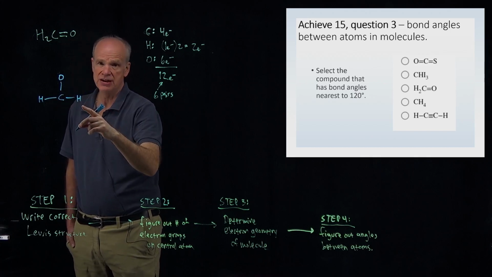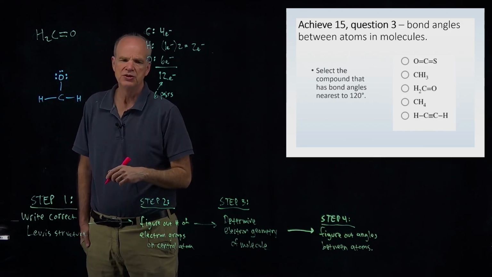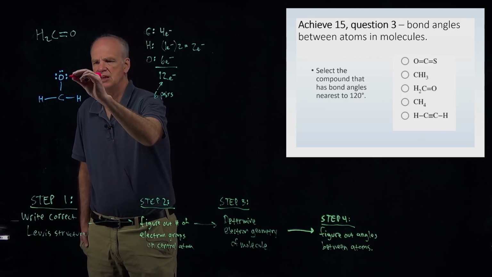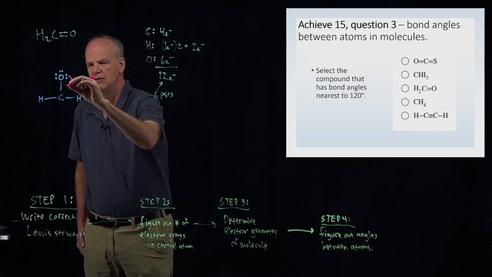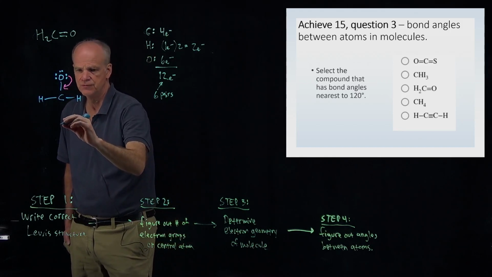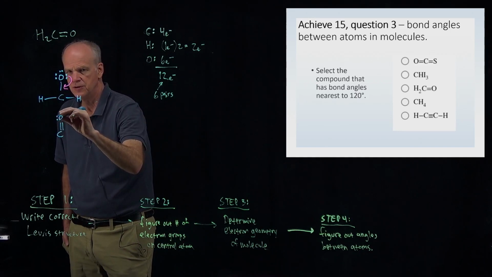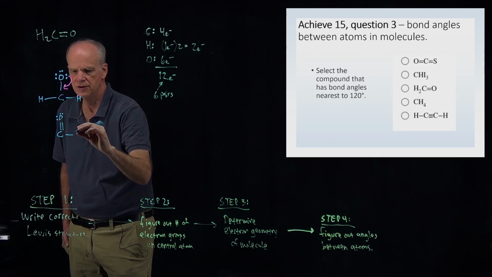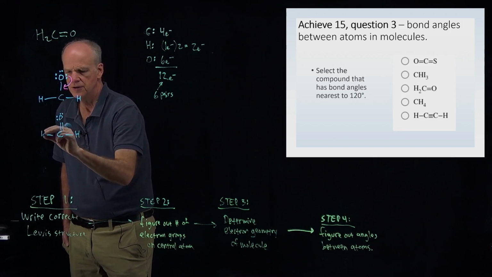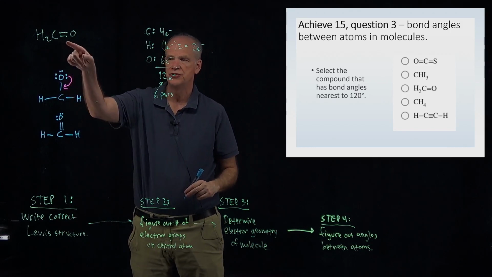These hydrogens cannot accept pairs, so they go to oxygen. 4, 5, 6. So one thing you can see is that although this oxygen has an octet, the carbon does not, and so we remedy that by moving this lone pair from oxygen to the bond between carbon and oxygen. So it looks like this. Okay, this is a correct Lewis structure for H2C double bond O.